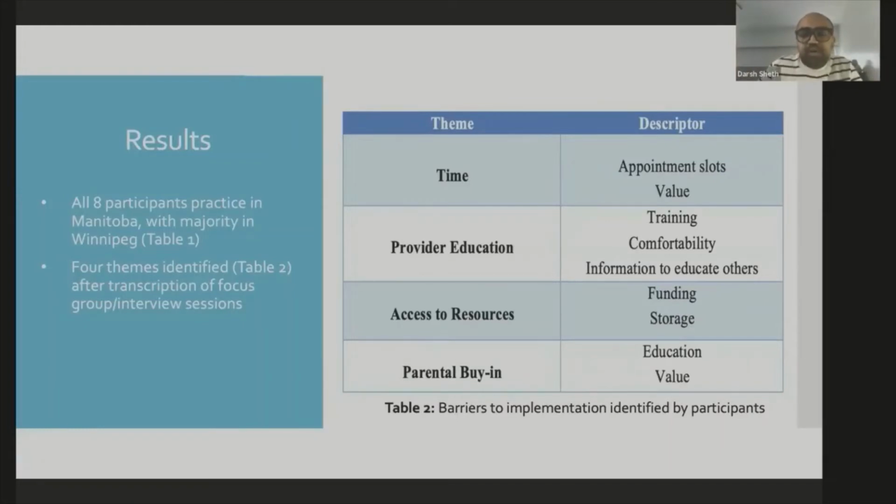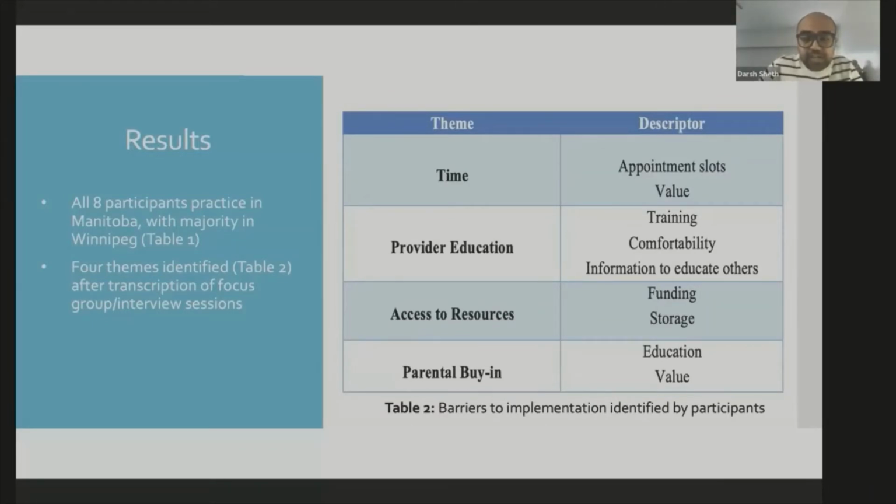When participants mentioned time, some mentioned appointment slots or the value of using the Caries risk assessment tool in terms of their time. Provider education meant the training being a barrier, or their comfortability and information to educate others about the Caries risk assessment tool. Access to resources meant funding.